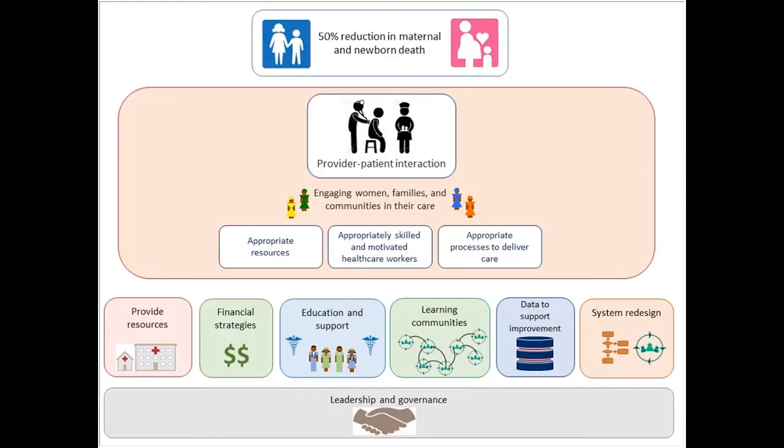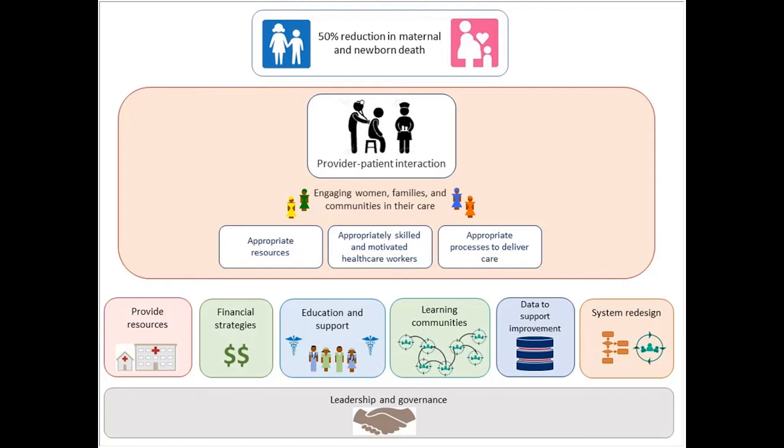Okay. So we have a lot of tools that we can use in healthcare, but we don't use them all. Right? People's first reaction to a problem with quality of care is to look for more resources or do more training. We don't really focus on processes as much as we can, but we are not going to get a 50% reduction in maternal and neonatal death if we're only using some of the tools that we can use to provide better care.